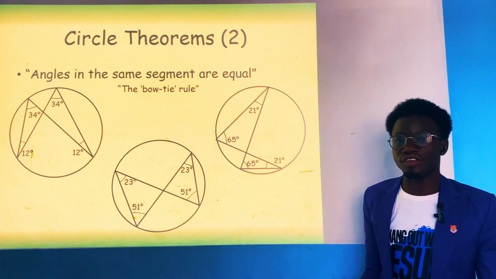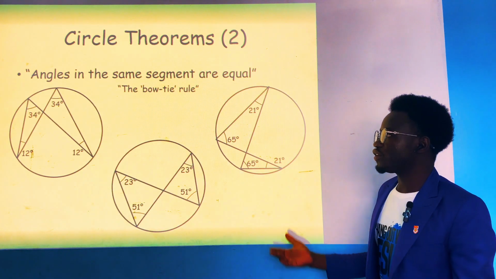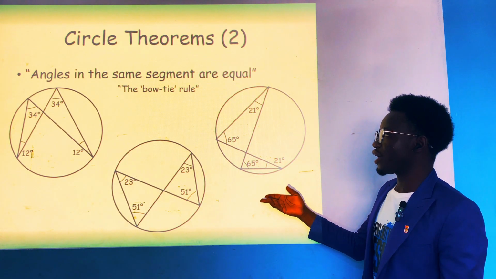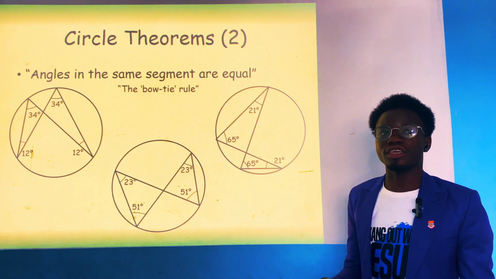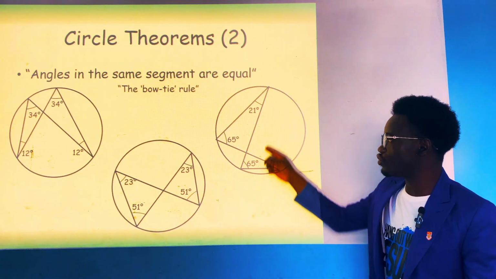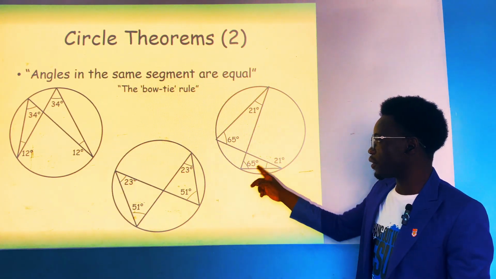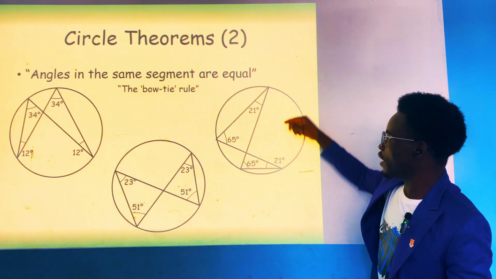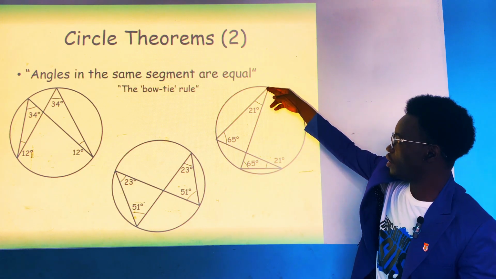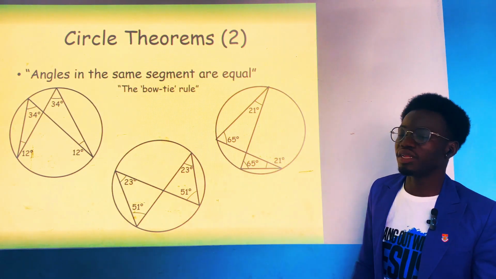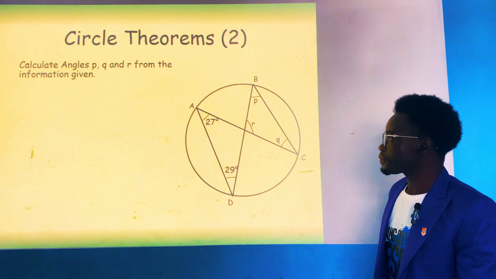So it's a property you can apply. This is what we call the bow tie rule. I just want to make it understandable for you, so it looks like a bow tie. So anytime you see it looking like that, you should know the properties you are going to apply, because they are all from the same segment, and the remaining one will be the major segment.